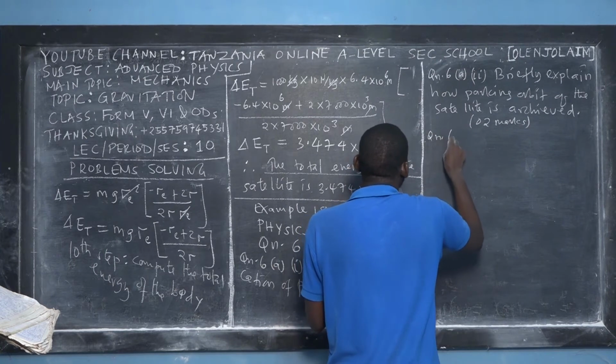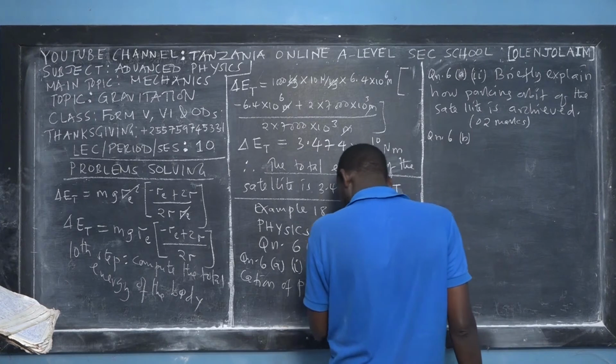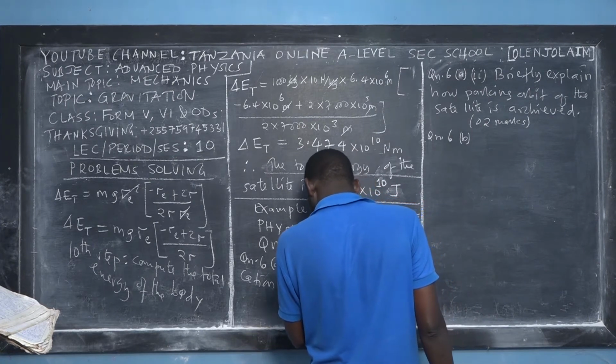So question number 6B, right? Question number 6B, it also has 1 Roman.